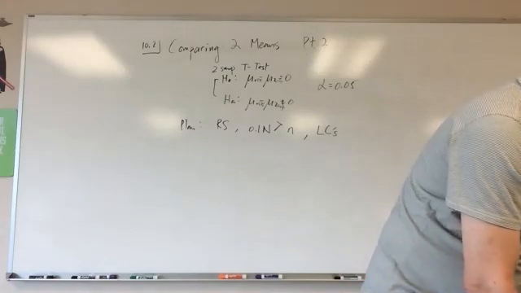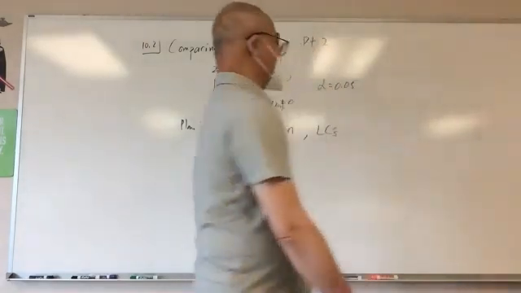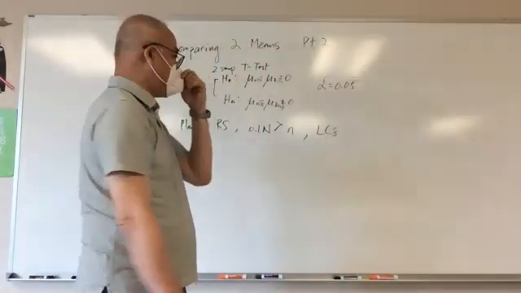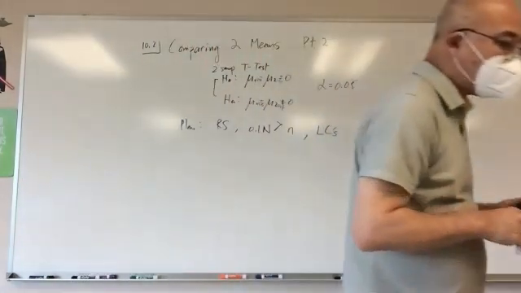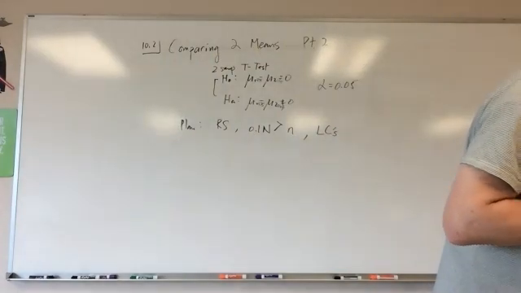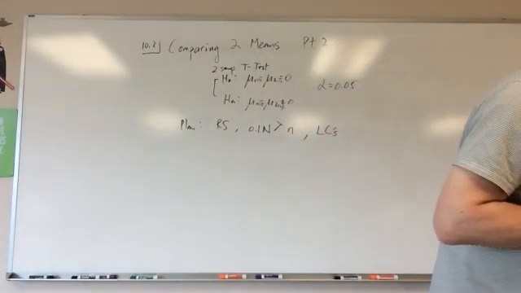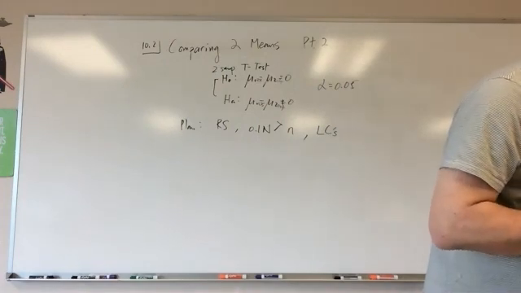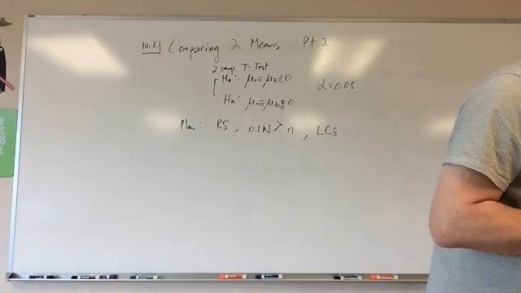And B, check if the conditions for performing the test are met. It says it's a random sample. And the population was Americans who worked, the mean number of hours of Americans working.